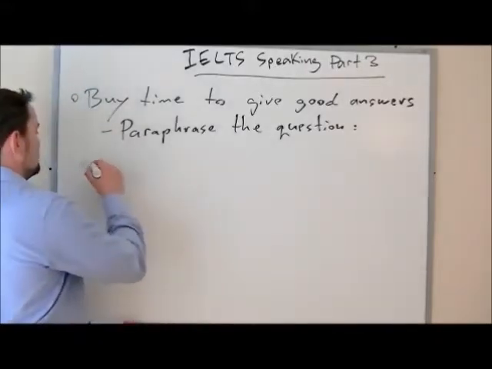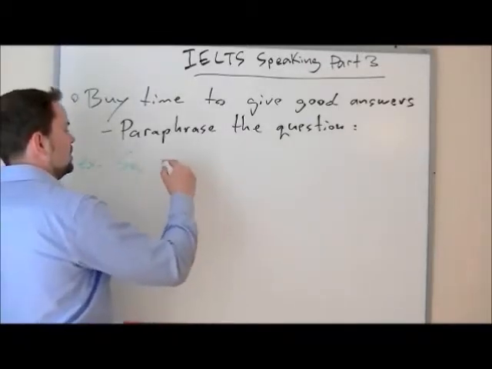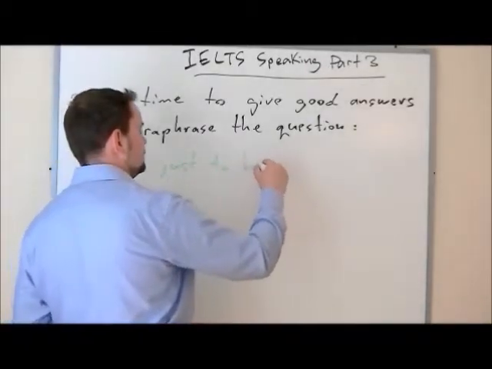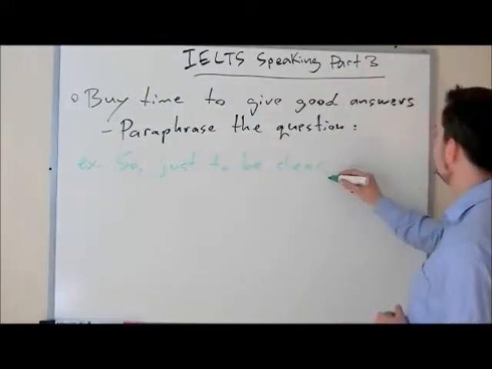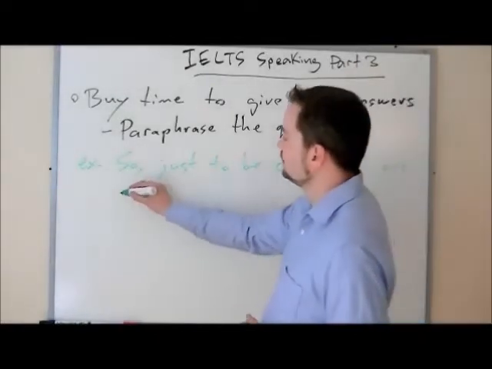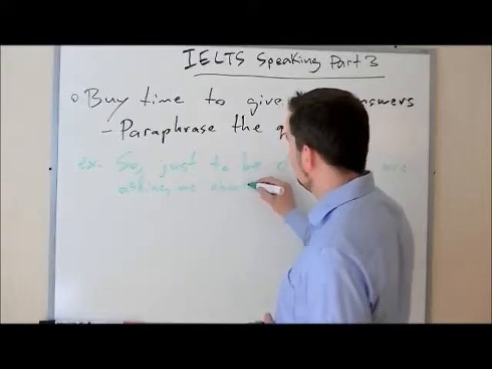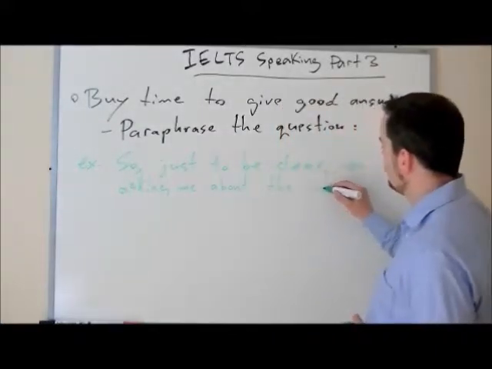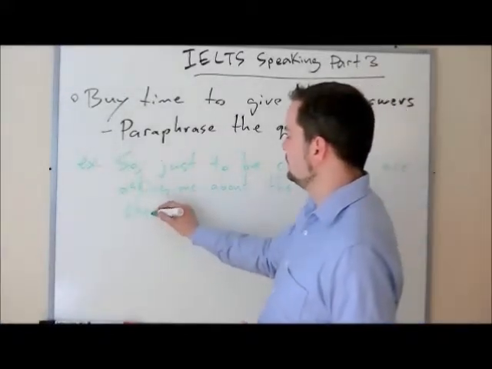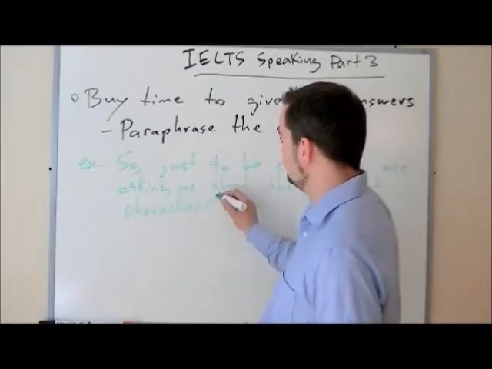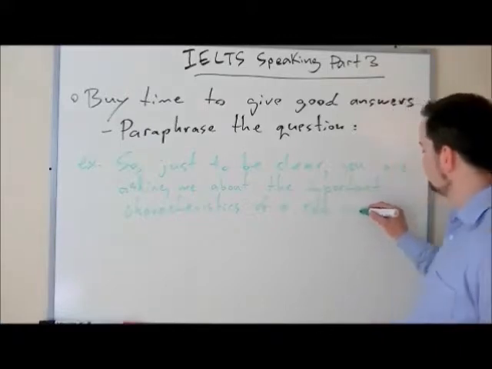For example, you can say something like, so, just to be clear, you are asking me about the important characteristics of a role model.